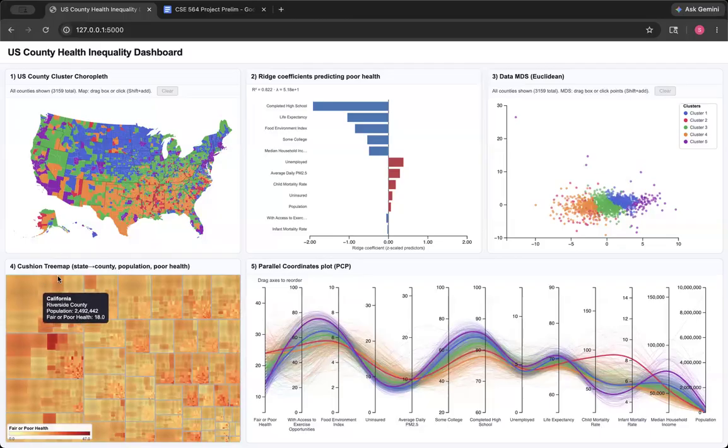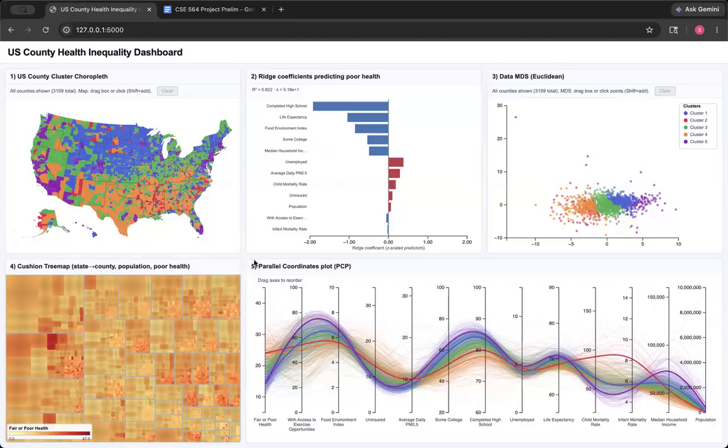But using the cushion tree map with population as the size of the county, you can see that a huge box with poor health gives the attention that this county has a huge population with poor health and needs immediate attention. So having cushion tree maps is very useful in these cases to find counties which need immediate attention.